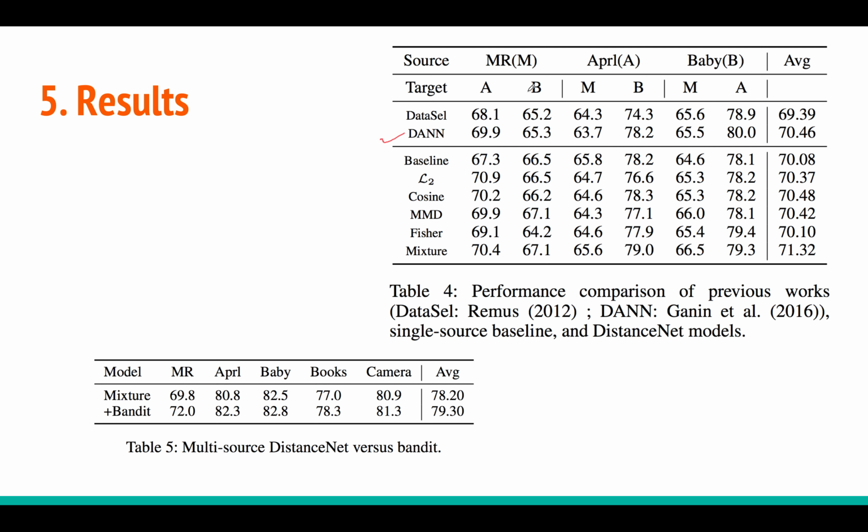They are different dataset names, I think. And what are the accuracy numbers? If you see the mixture method, combining all distances and training the model, it gets you the state of the art. And this is the comparison between the multi-arm bandit setting and the normal setting. As you can see, the bandit setting gives you the best accuracy.